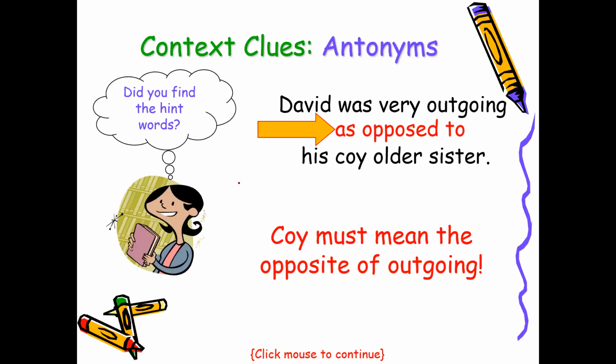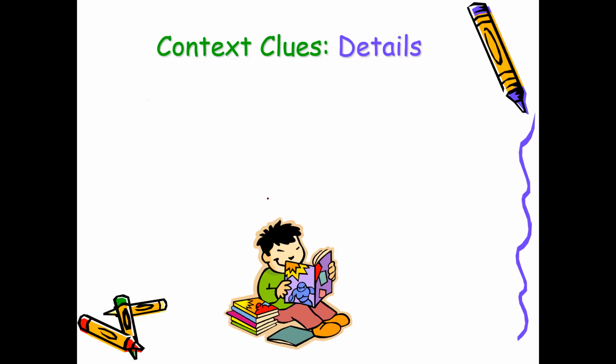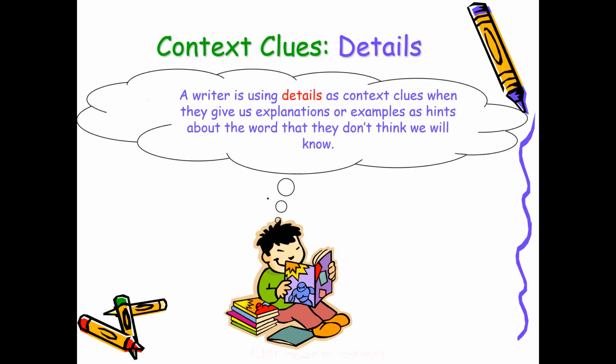So we call these hint words or linkers. And the following context clues are details about the word. What can we tell about the word itself? So sometimes the writer will use details as context clues when they give us explanations why something happens, or examples.